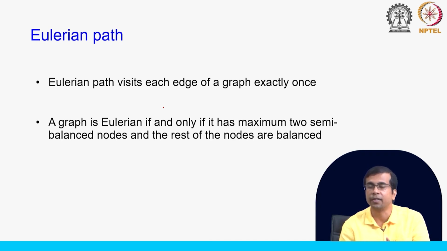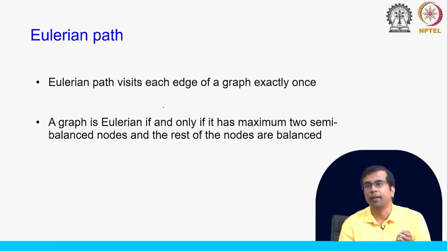We have defined these balanced and semi-balanced nodes just now. So, following that idea, if you have at most 2 semi-balanced nodes, we can say there is a Eulerian path in that graph. So, this actually helps us beforehand, before we try to find a Eulerian path, we know whether such a path exists or not, whether we should try to find that path at all.